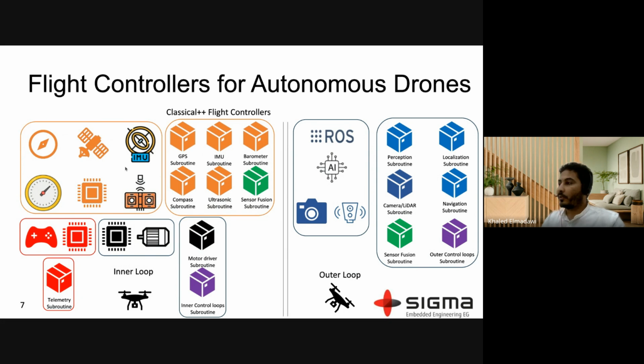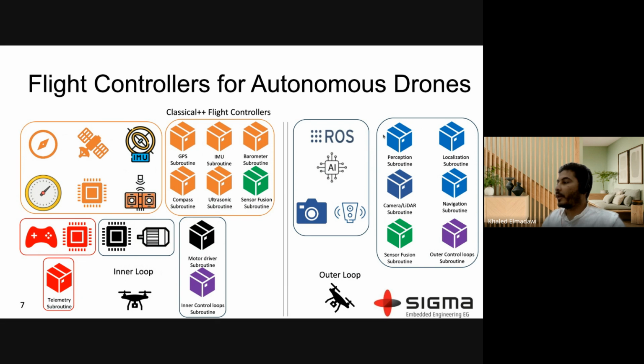So in this setup, the periodic and the inner control loops are running over microcontrollers, which are closer to the motors and closer to the sensors to observe new states.